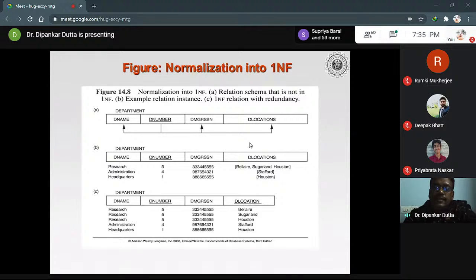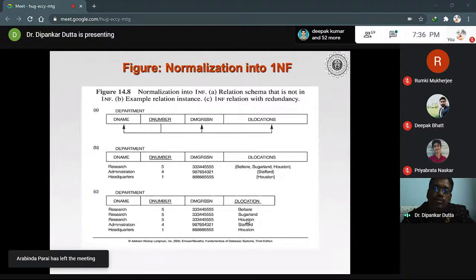Okay, and another thing you can do to make it atomic is make D number and D location together the primary key. And now, see, suppose there are 3 locations, so you will enter 3 location values over here, and these values will be repeated, meaning redundancy of values. So instead of 3 tuples, you now have 5 tuples.